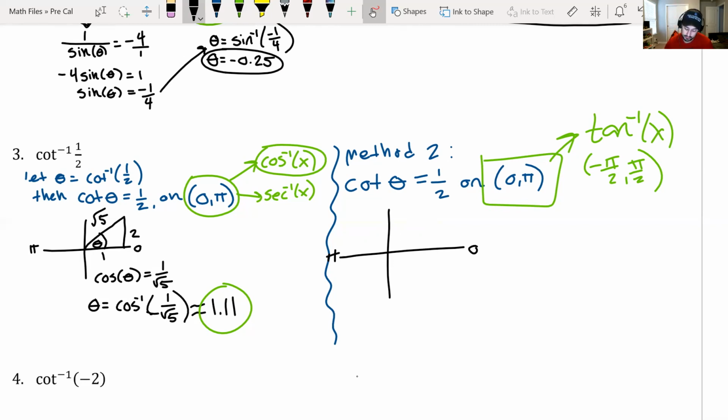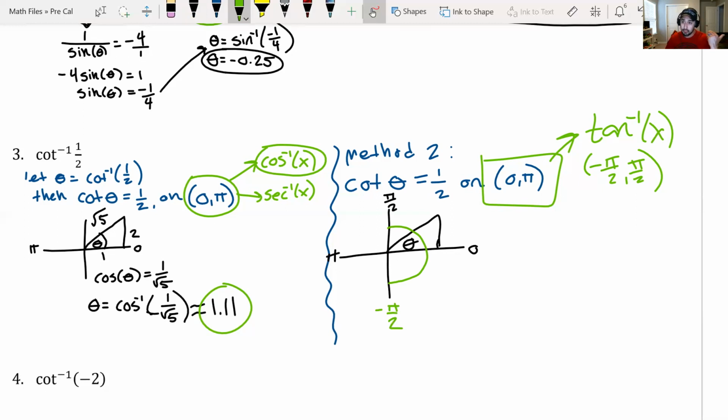Okay. So I'm just going to put my value of theta here in quadrant 1. I'm not going to fill up the triangle though, because I'm going to show you what I'm getting at. Okay. And here's pi over 2. Okay. So if we want to make the relationship from inverse cotangent to inverse tangent, we'll realize that the inverse tangent lives in quadrants 1 and 4, right? Down here is negative pi over 2.